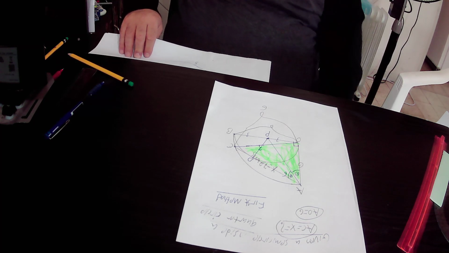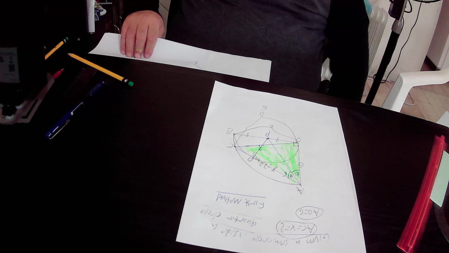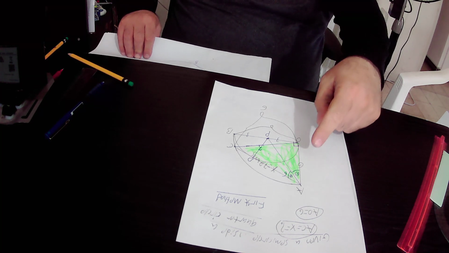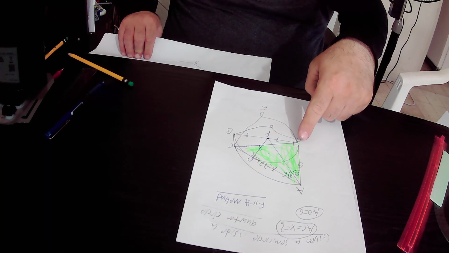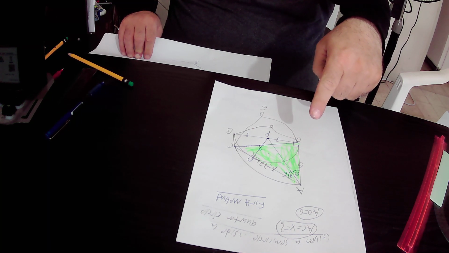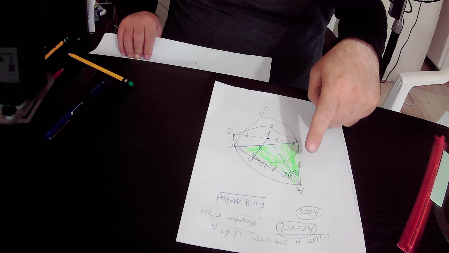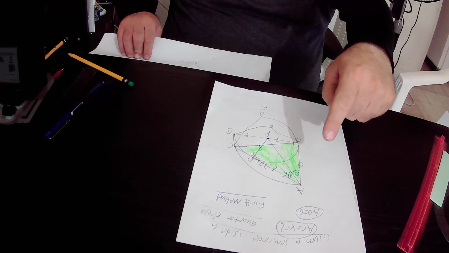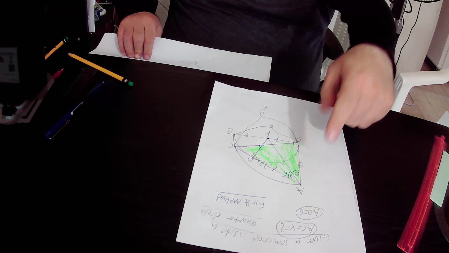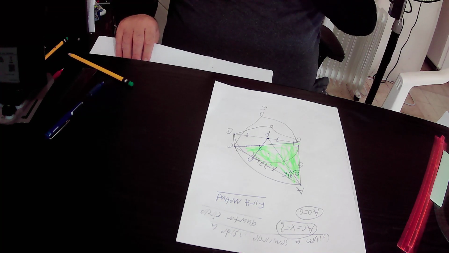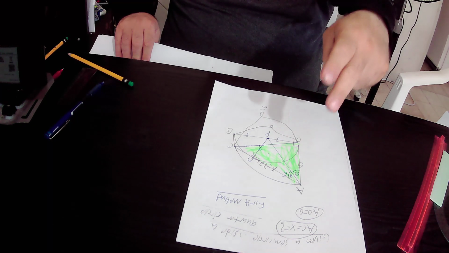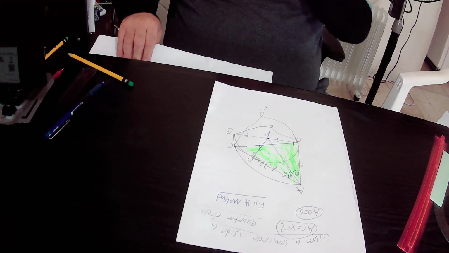And then, AO is the radius of the quarter circle because it starts from the center of the quarter circle, and line segment AO ends at point A. It is a point on the quarter circle itself, and this is exactly the definition of a radius. So AO is the radius of the quarter circle that is equal to 6 units.